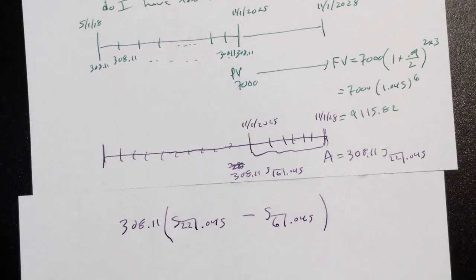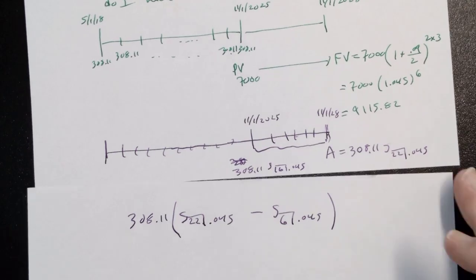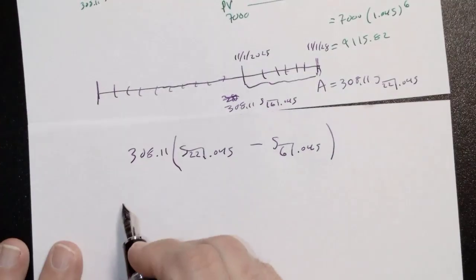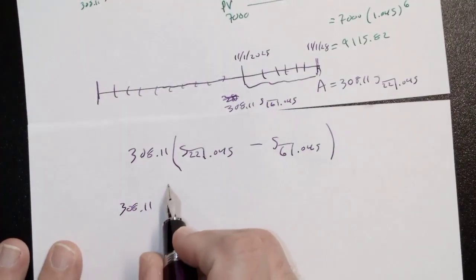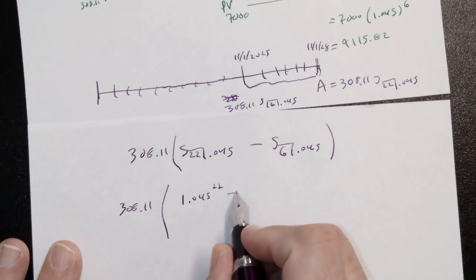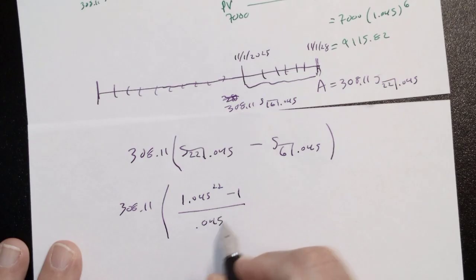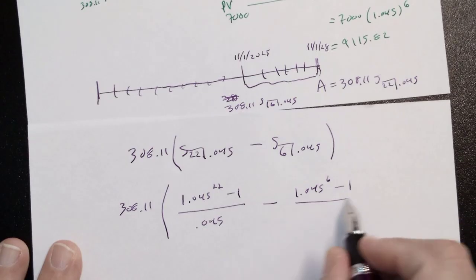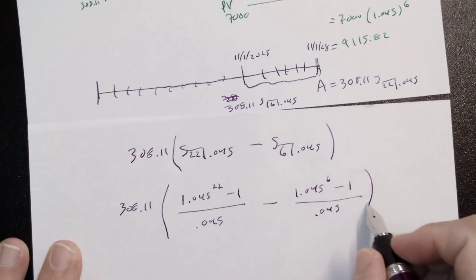Now, this looks like a bizarre way to write this, and it's definitely more complicated than this calculation, but something nice happens when I write out what these symbols actually mean. Leave the 308.11 out front, and then I get (1.045 to the 22 minus 1) over 0.045 minus (1.045 to the 6 minus 1) over 0.045.